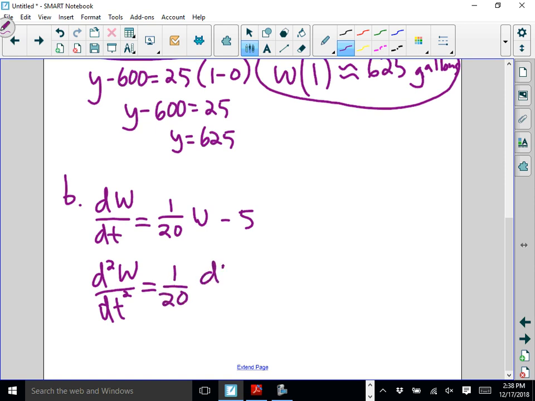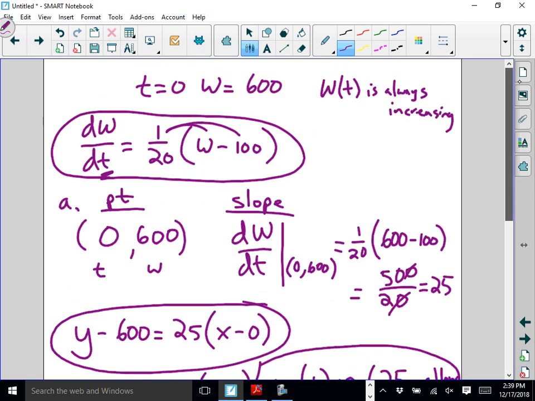Now, when we worked on implicit differentiation, what we often did is take our dw/dt, plug it back in, and simplify. But we can actually take a shortcut here. The piece of information that's going to help us in part B came up here. I'm going to scroll back up to it and circle it. W of t is always increasing. If w of t is always increasing, we know that an increasing function has a derivative that's positive.